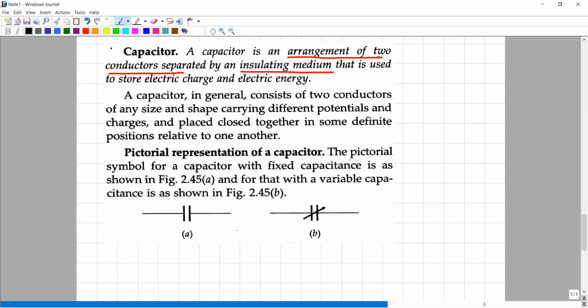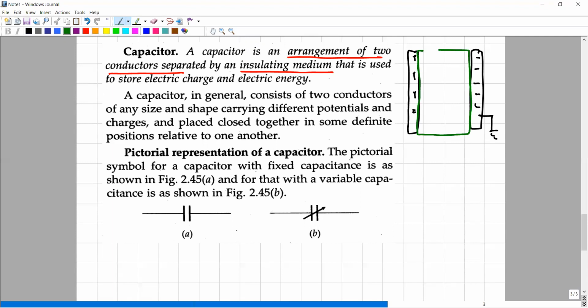Obviously it has to be an insulating medium, because if one of the conductors is positive and the other conductor that you have kept here happens to be negative with an earthed one, and you keep a conducting medium between them, then obviously the positive charge will move and neutralize the negative one. So these two charges will get neutralized, and there will be no sense of keeping a conductor in between.